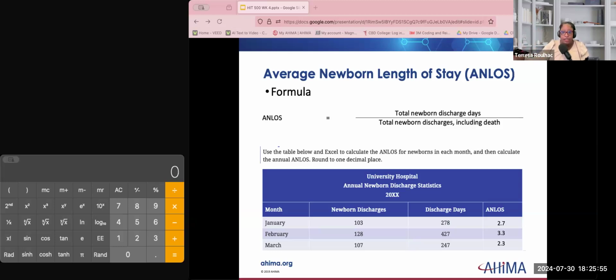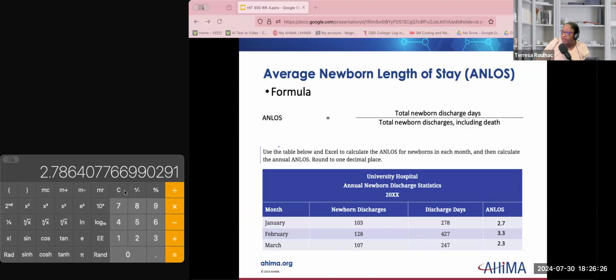And then here's another example. We're using the table below to calculate the average newborn length of stay, and we're rounding again to one decimal place. I kind of already had it worked out. So we have 278 over 103. I'm just checking my work. This would actually be 2.8.